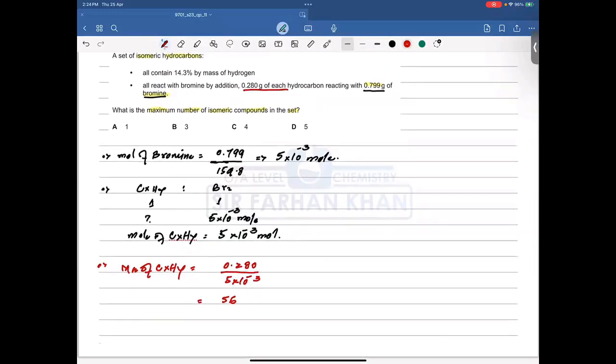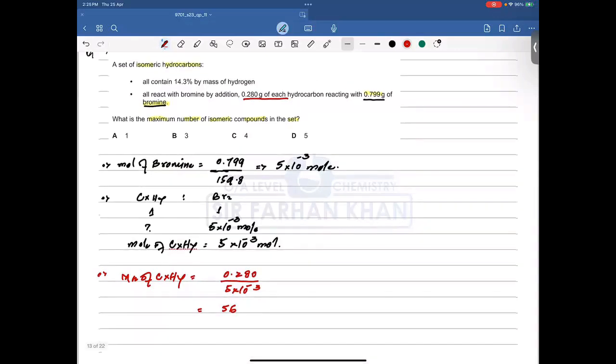We need to find out the molecular formula of the hydrocarbon so that I can find the isomeric hydrocarbons. For that, the examiner has given me the percentage by mass of hydrogen. So in the next step, we have carbon, we have hydrogen. Hydrogen is 14.3. So 100 minus 14.3 is going to be 85.7% carbon, because it consists of carbon and hydrogen only, as it is a hydrocarbon.